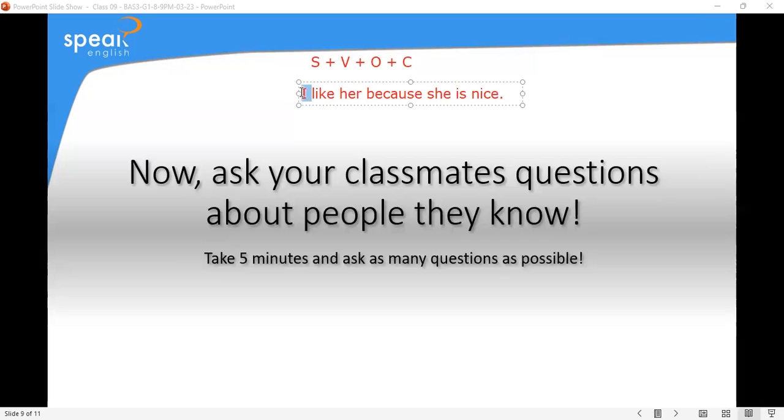As you can see in this example, I have the subject, the verb, the object, and my complement. Another example that I can give. Okay, in this sentence, again, I have the subject, the verb, and my object. So we try to create sentences using objects, okay?